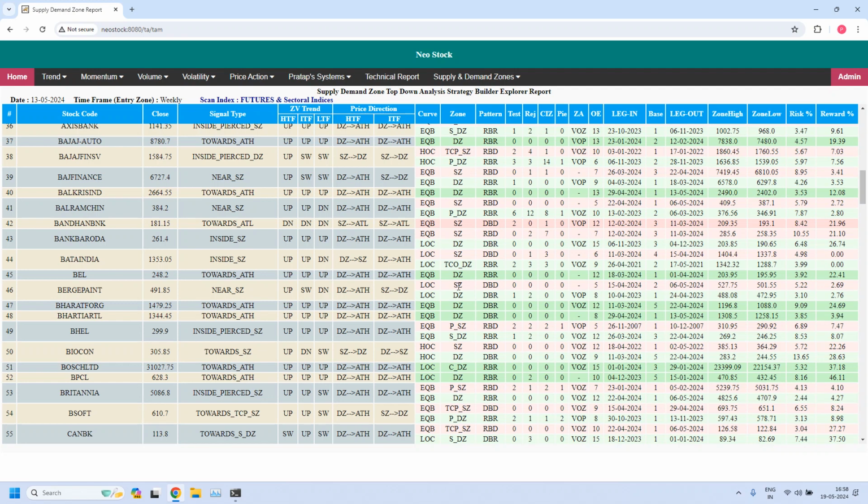If you have both demand and supply zones, see here, 43 Bank of Baroda: you have a demand zone and a supply zone with light colors, light green and light red. This is the way you can recognize based on the colors.